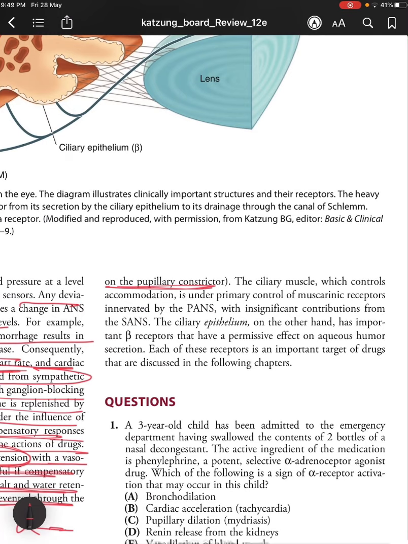C for constriction of the pupillary muscles, and C for parasympathetic things. The ciliary muscle, which controls accommodation, is under primary control of muscarinic receptors innervated by the parasympathetic system with insignificant contributions from the SNS. The ciliary epithelium, on the other hand, has important beta receptors that have a permissive effect on aqueous humor secretion.